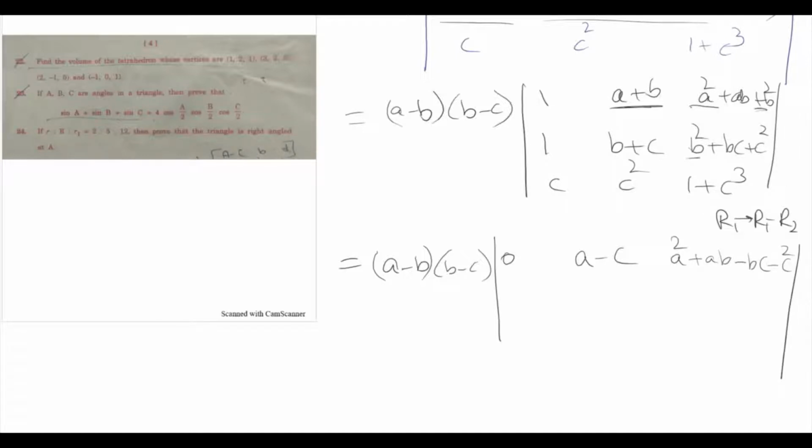These two terms get cancelled, and the second row is 1, B plus C, B square plus BC plus C square, and the third is C, C square, 1 plus C cube.